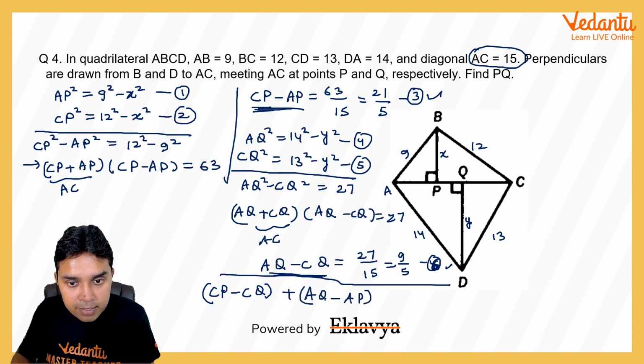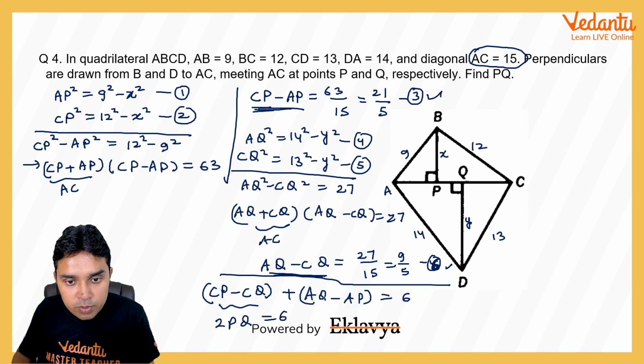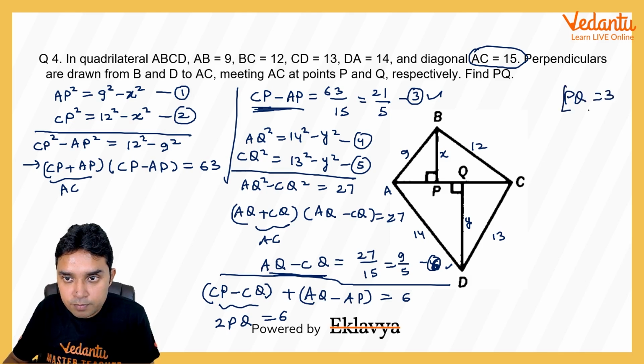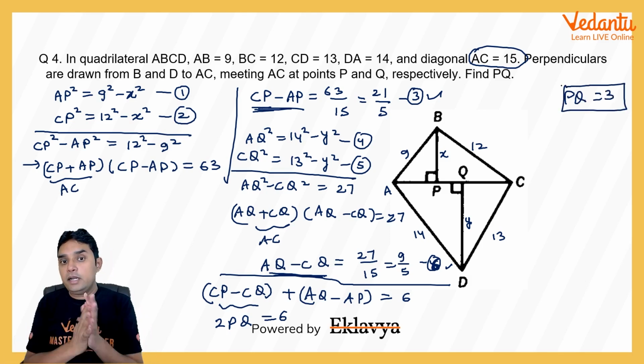So if we write like this, on the right hand side it will be 30 by 5, that is 6, and it can be checked easily that CP minus CQ and also AQ minus AP both are PQ each. So 2 PQ is coming out to be 6, and hence this length of PQ is coming out to be 3. So this is one method for this question.